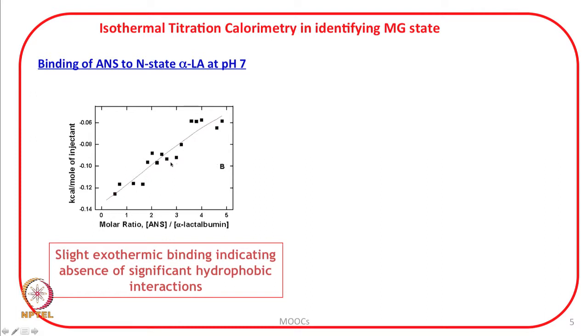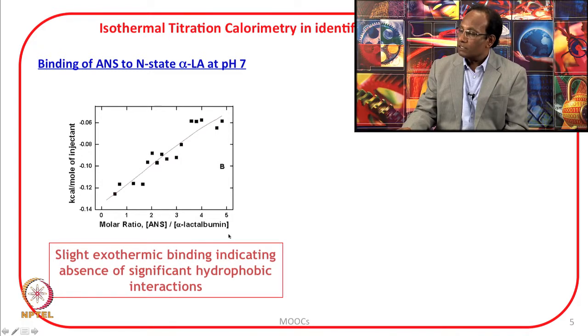This is the binding profile, kilocalorie per mole of injectants versus the molar ratio of ANS to alpha lactalbumin. It suggests that the binding of ANS to the native state does take place, but it is very weak. It is slightly exothermic binding, and it indicates absence of significant hydrophobic interactions.